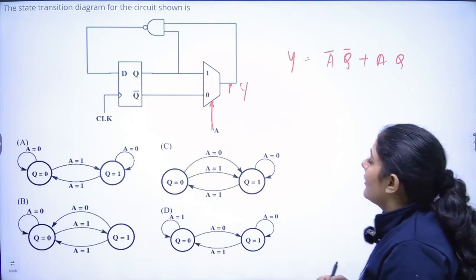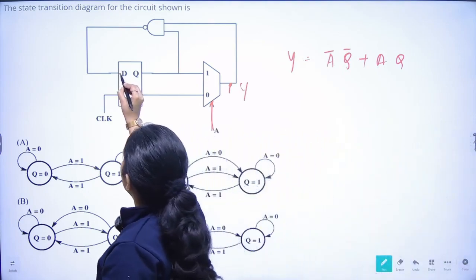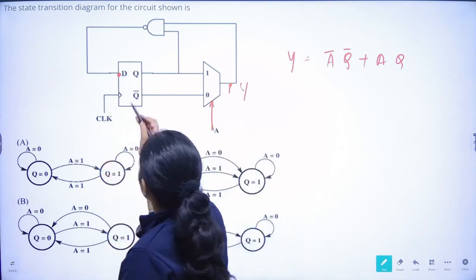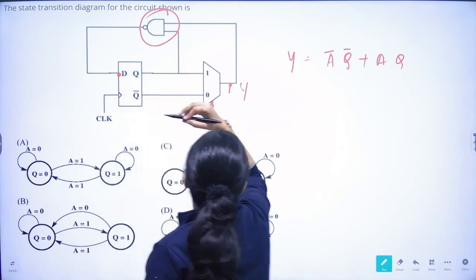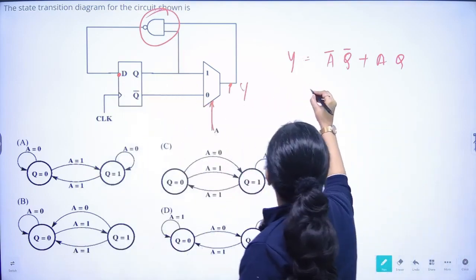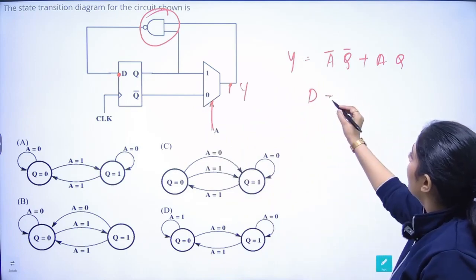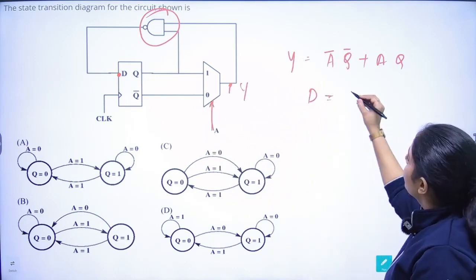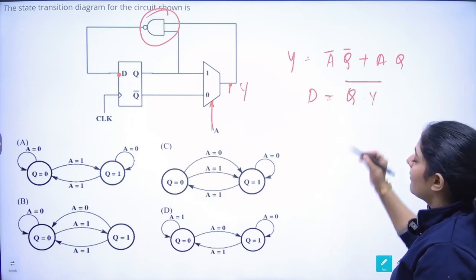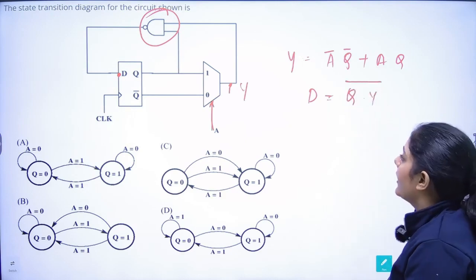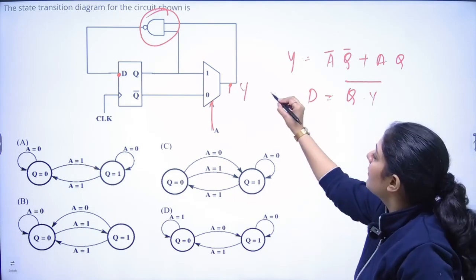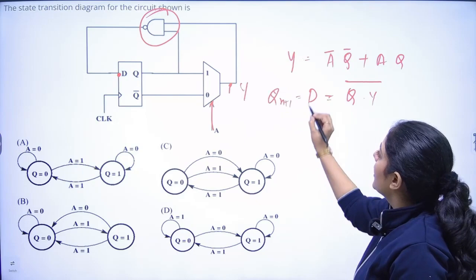Now the input to D, when we will be finding out the next state, is connected to the NAND gate. Now the NAND gate output D is equal to what? D is equal to (Q Y) bar, because it is a NAND gate. And D is nothing but the next state, Qn plus 1.